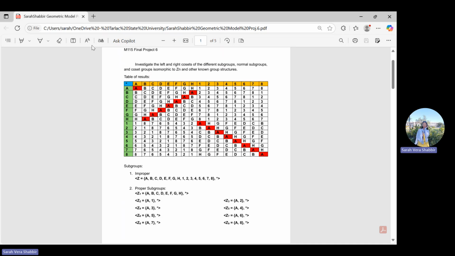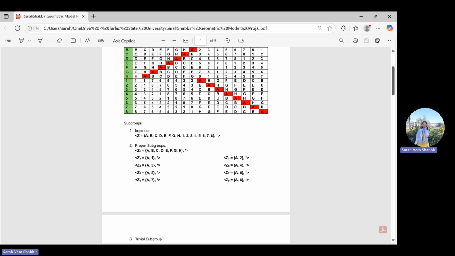Again, how to find the inverse? You just need to find the identity element, and then what is opposite the letter from here to the other side, that is your inverse. For instance, A inverse is A and B inverse is H.